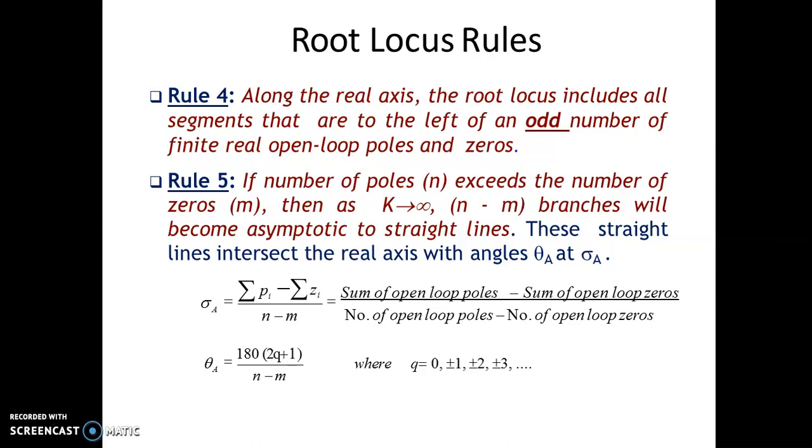From these two formulas, the first one is the centroid: the ratio of the sum of the open loop poles minus the sum of the open loop zeros, divided by the number of open loop poles minus the number of open loop zeros. And theta, the asymptotic angle, is 180 degrees into (2k plus 1) divided by (n minus m), where k equals 0, 1, 2 and so on up to n minus m minus 1.